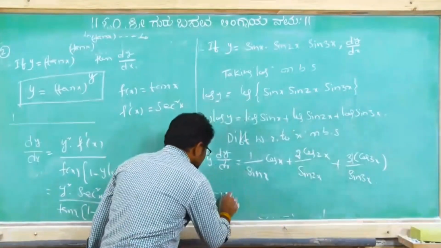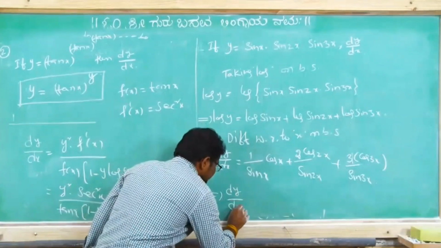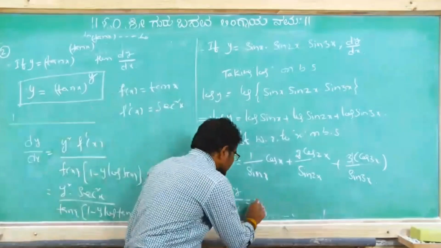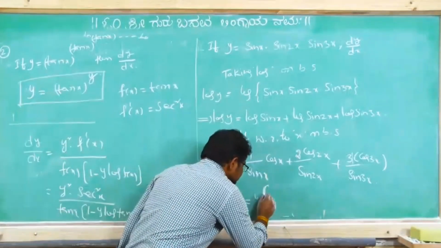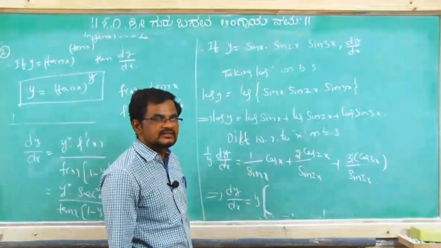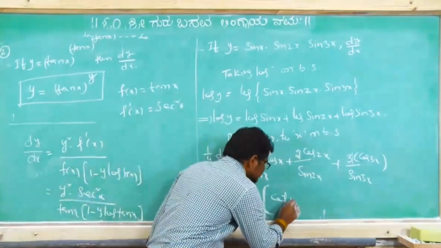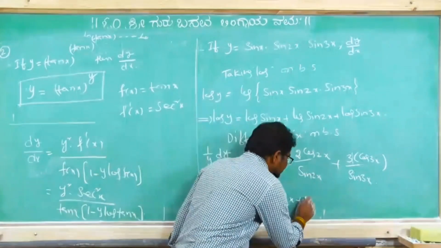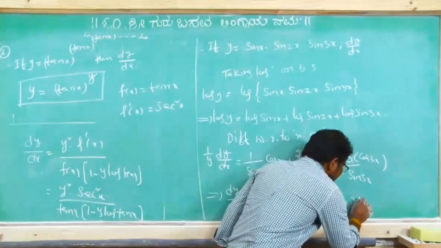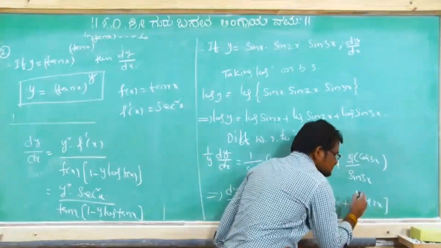Now dy by dx you have to find. Cross multiplication: y into cos x by sin x, cot x, plus 2 into cot 2x plus 3 into cot 3x.